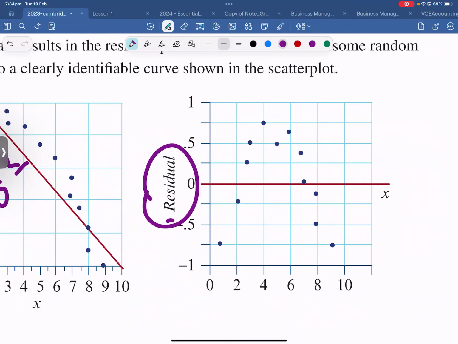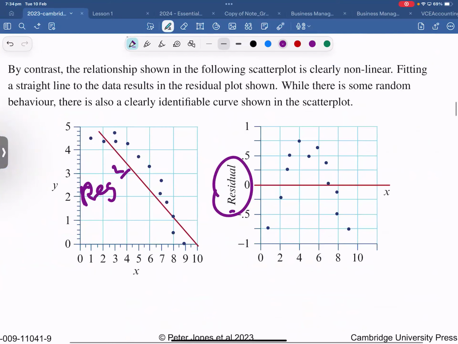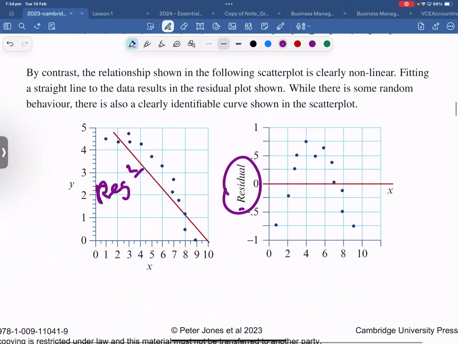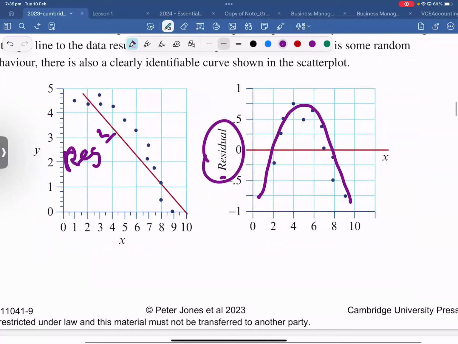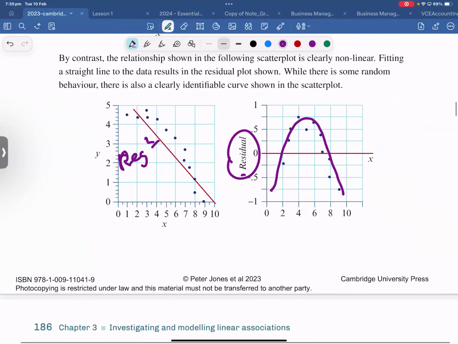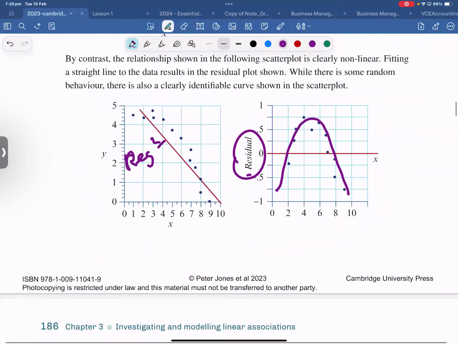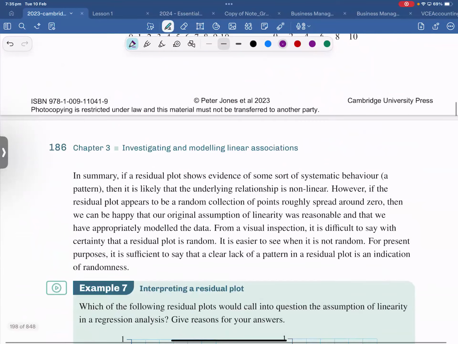Yes. Yeah. So I can identify a clear curvy or nonlinear pattern. What does that mean?